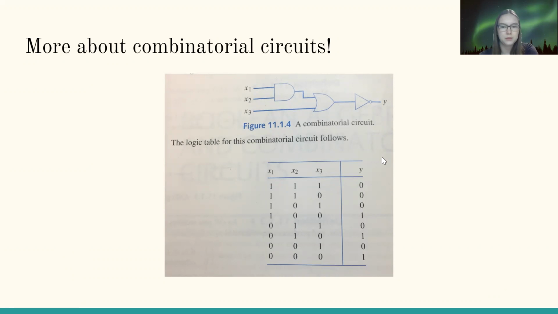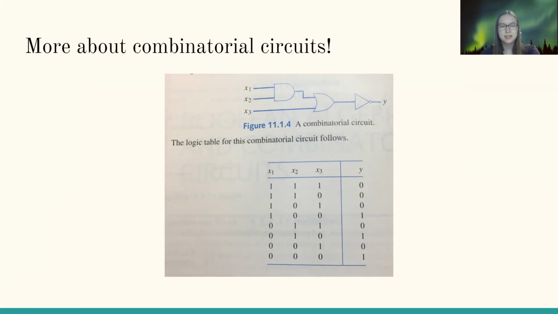But one cool thing about these combinatorial circuits is that they don't store memory at all. Like what has happened before, what the inputs have been before, doesn't affect what the new outputs will be. But the outputs are uniquely defined, which just means that if we were to put in the same inputs twice, we'd get the same output both times.